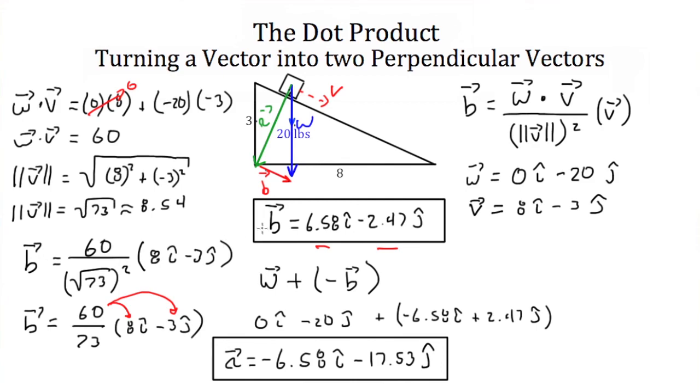And these two vectors make up the total vector W, or our 20-pound weight. So that's how you can turn a vector into two perpendicular vectors, which are not the standard x and y perpendicular vectors. And now that we've done that, we've completed the tutorial on the dot product of two vectors.